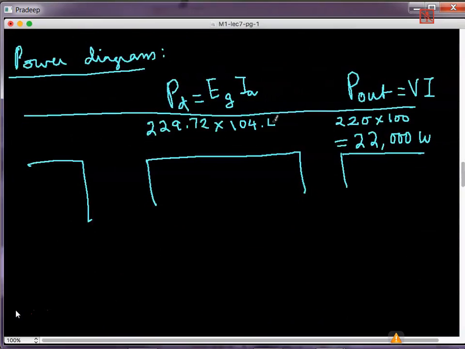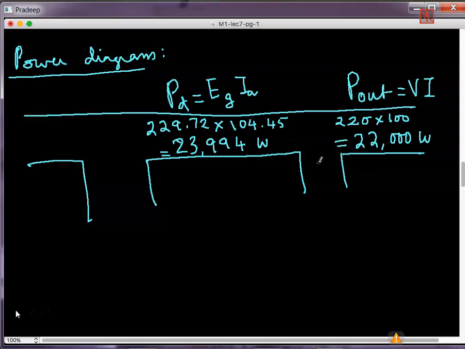So let me do this calculation. I am getting 23,994 watts. So this is the power developed.